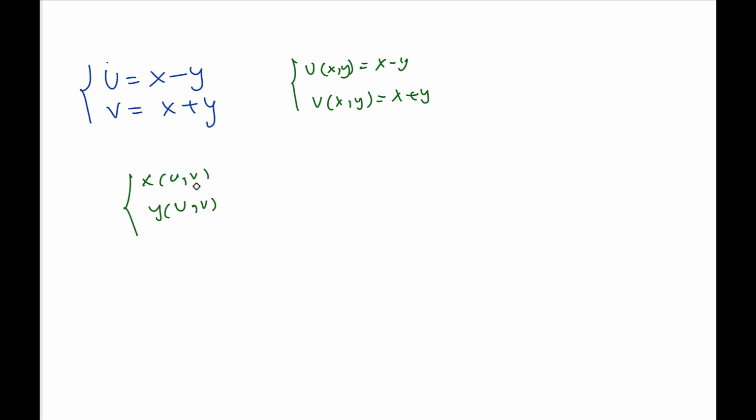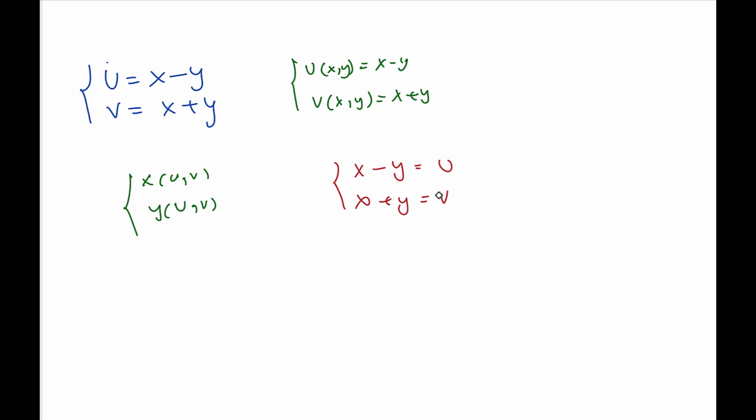Here, let me rewrite this. Maybe this will make it more clear. In this situation, I have two linear equations in terms of x and y. If you set up a linear equation, on the right side you should have a constant.